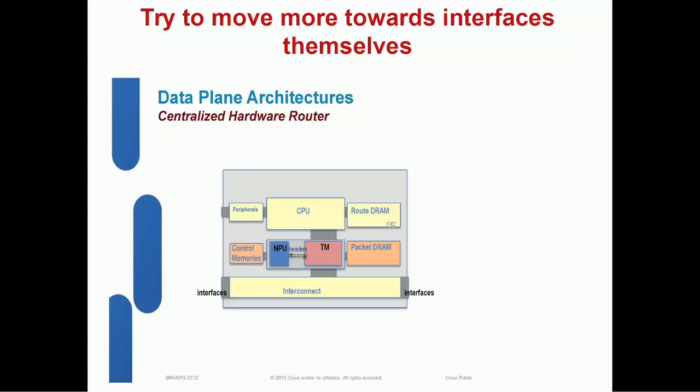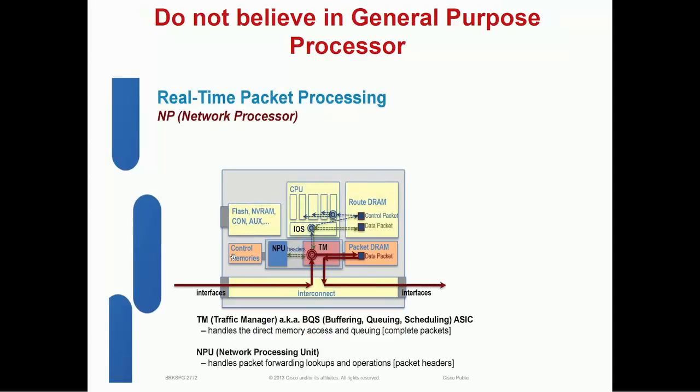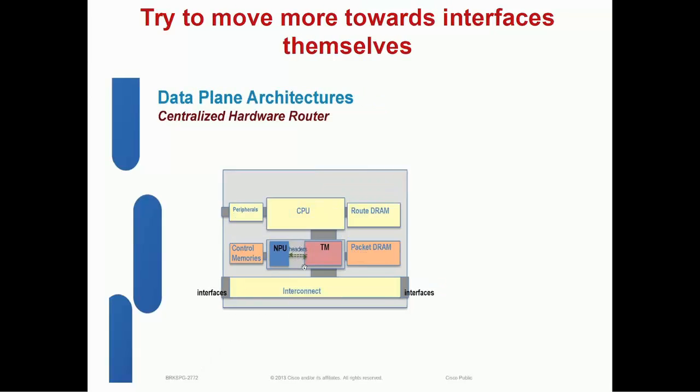Look at this, the CPU had its own RAM and it controlled the peripherals, okay. And the network processor had its own packet DRAM and it had control memory. So, if you look at the difference between these two, this OS that was there actually moved into here, the network part of it, okay. So, instead of running the OS in the general purpose processor, they just moved it to the network processor.